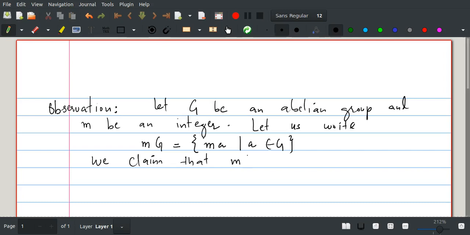So we claim that this MG is a subgroup of G, and hence a normal subgroup of G, because G is abelian.